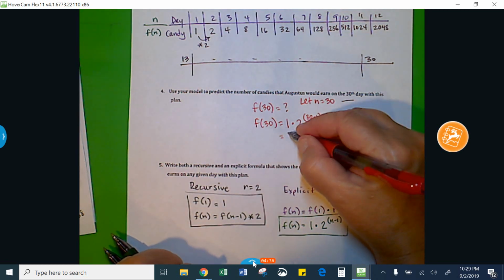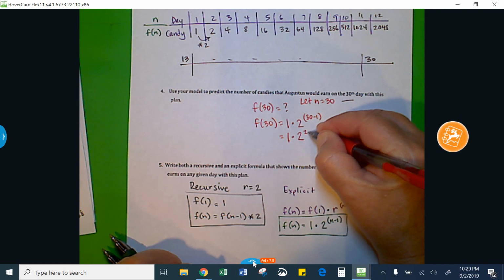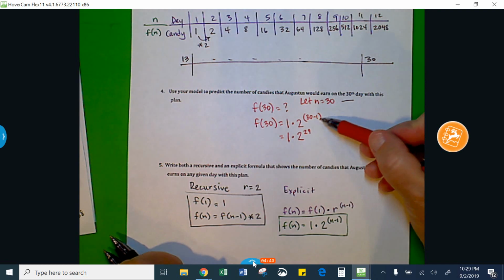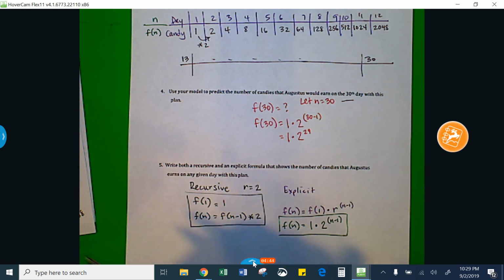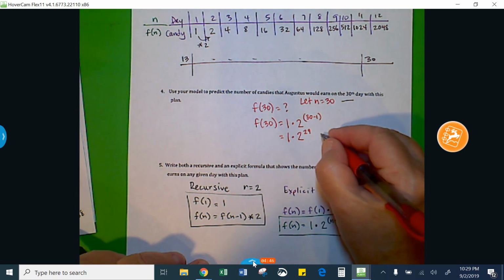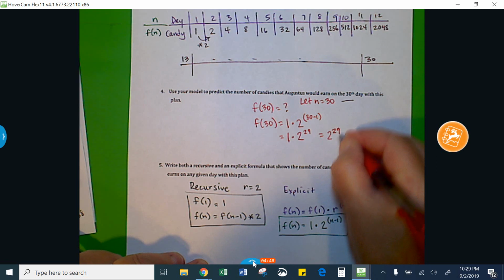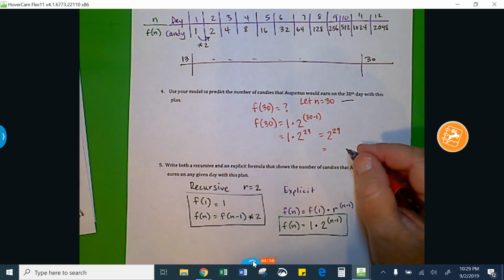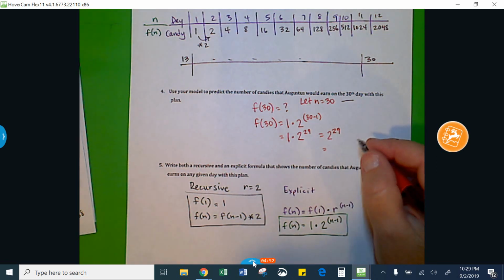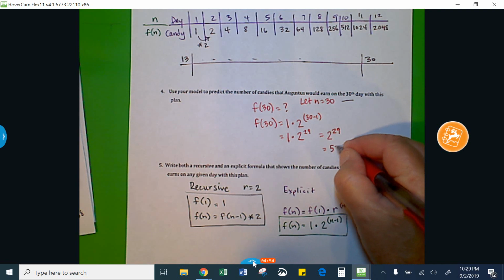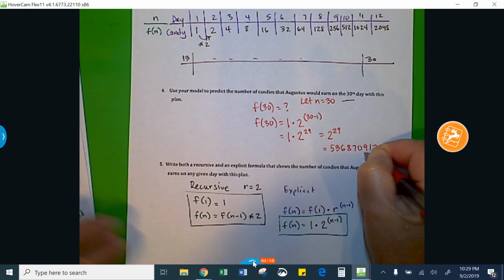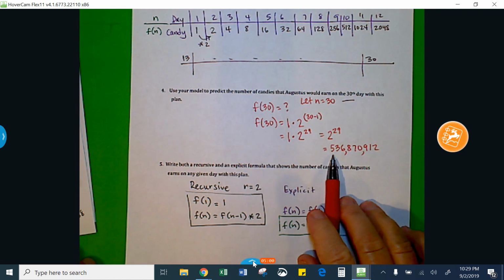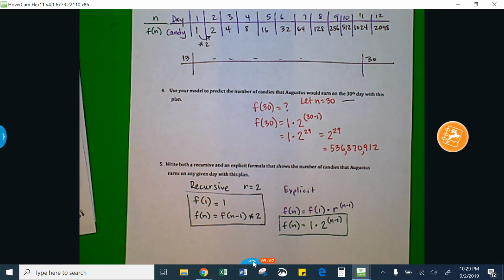This is 1 times 2 to the 29th power. Keep in mind that that represents how many times you would have to multiply by 2 to get to the 30th day. So 2 to the 29th power. I need my calculator. And I get 536,870,912. Throw some commas in there. 536 million pieces of candy. More than that. Way too much.